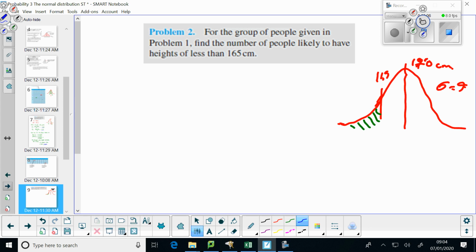What's the area of all of that? If the whole thing is 1, the area of half is 0.5. Yeah. So if you find this area in here, take it off 0.5, find that probability in there, take it away from 0.5. There we go.